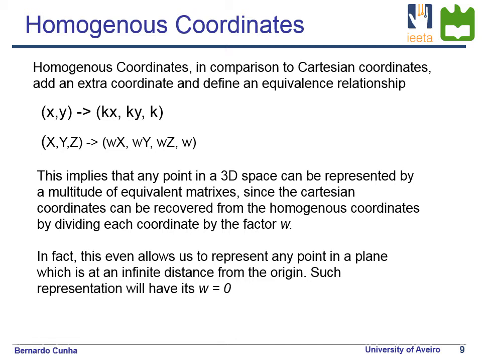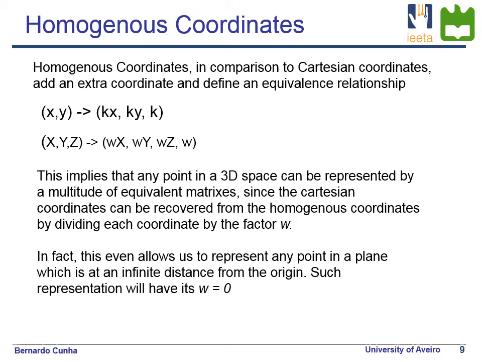In fact, this fourth element is a multiplication factor applied to each of the x, y, and z components. The advantage of using homogeneous coordinate systems is that you can represent any point in space by a multitude of equivalent matrices, since the Cartesian coordinates, x, y, and z naturally, can be recovered from this homogeneous coordinate system by dividing each coordinate by the factor w.